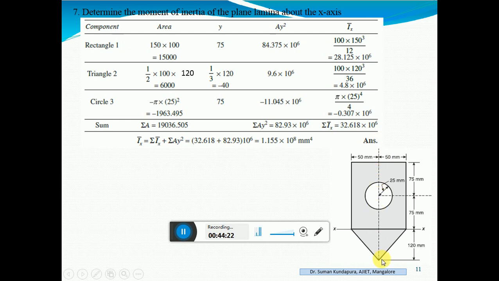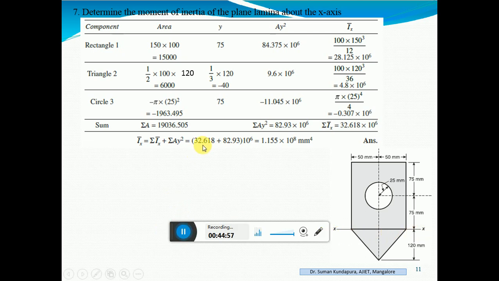Consider this itself as the reference axis, and directly find out Iy bar here. Summation of that itself gives you the moment of inertia about the y axis. Now here they have asked only the moment of inertia of the lamina about the x axis. Therefore, you may write the formula Ix bar is equal to summation Ix plus summation Ay squared. That way you will get the moment of inertia about the x axis.